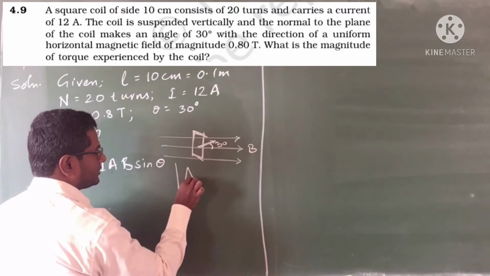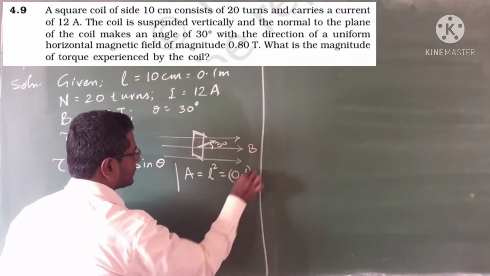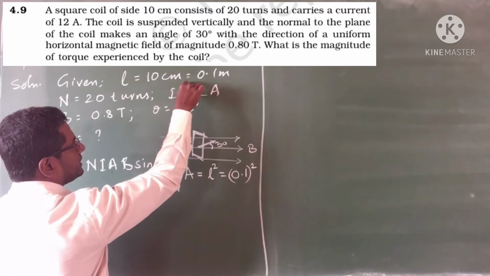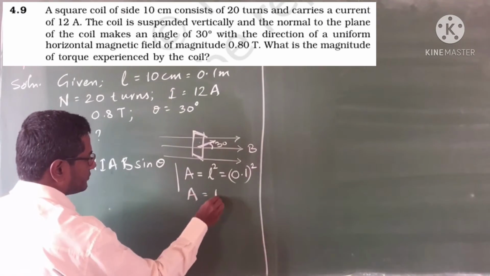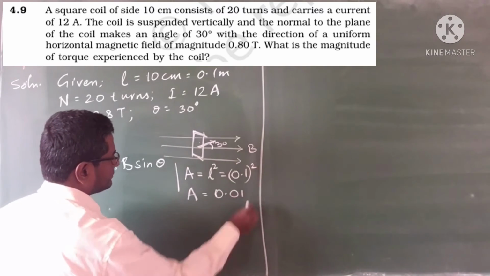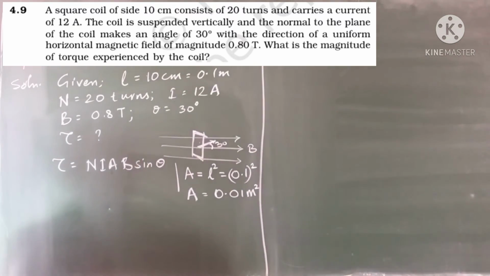The shape is a square, so A will be equal to L squared, which is 0.1 squared, because the side length is 10 centimeter, or 0.1 meter. So 0.1 into 0.1 gives the area as 0.01 meter square.